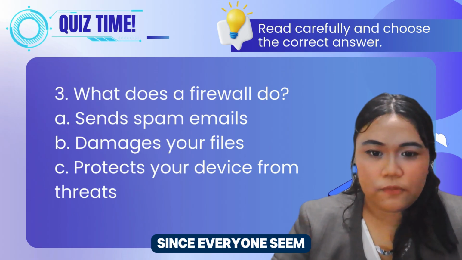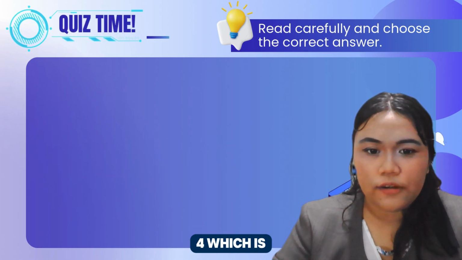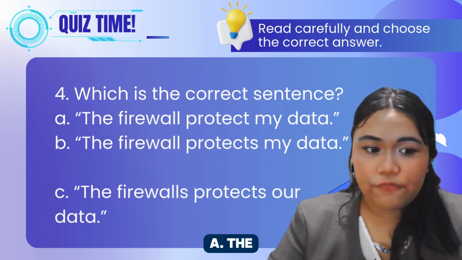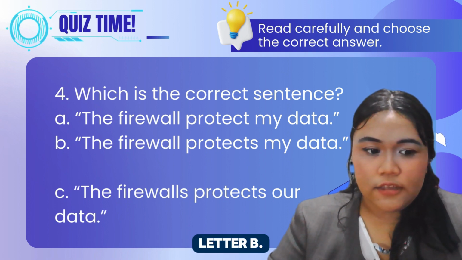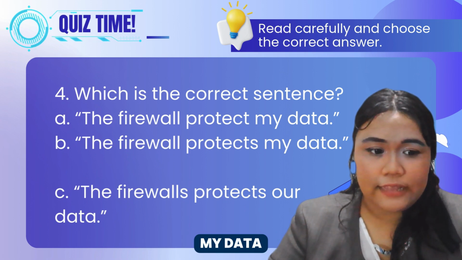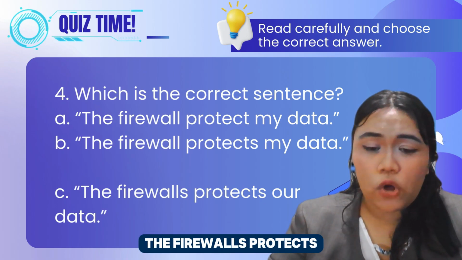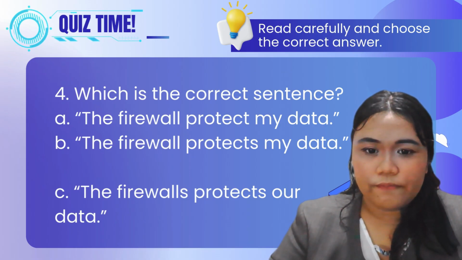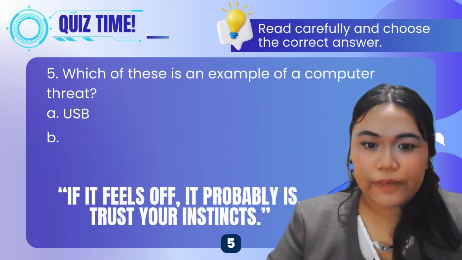Since everyone seemed to have their hands raised, I will now go to number 4. Which is the correct sentence? Is it A. The firewall protect my data? Letter B. The firewall protects my data? Or letter C. The firewalls protects our data? Okay, for our last question, number 5.